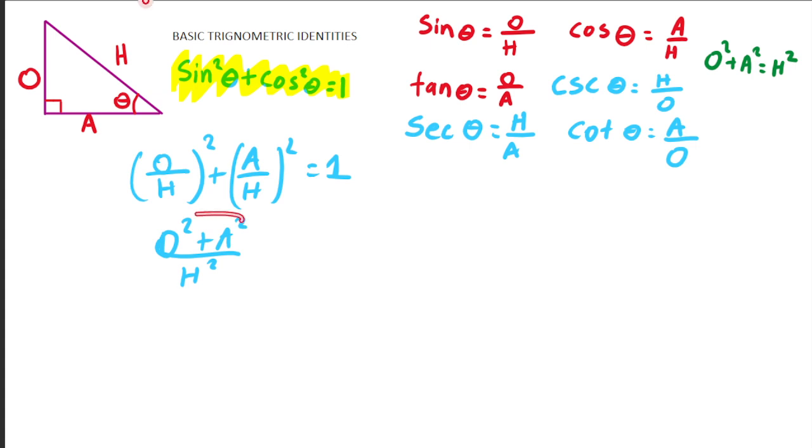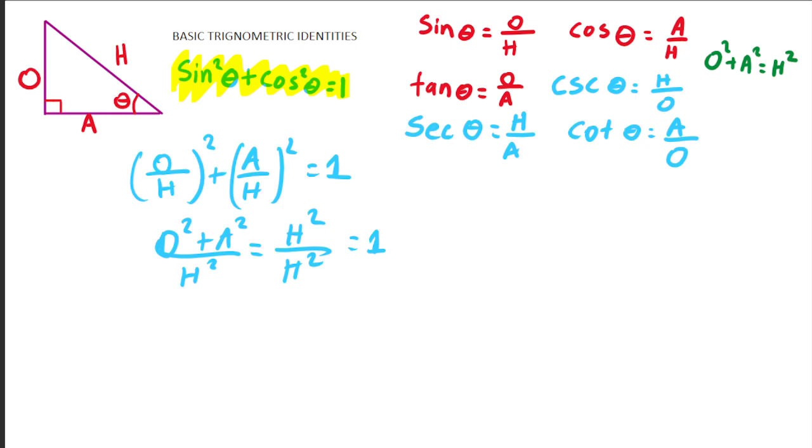So we have this over here. We know from Pythagorean theorem that opposite squared plus adjacent squared equals hypotenuse squared. So instead of that, we can just write hypotenuse squared over hypotenuse squared. And this, of course, equals 1.